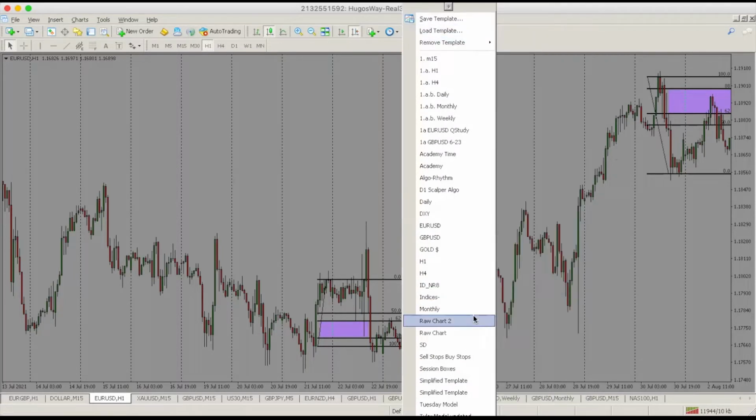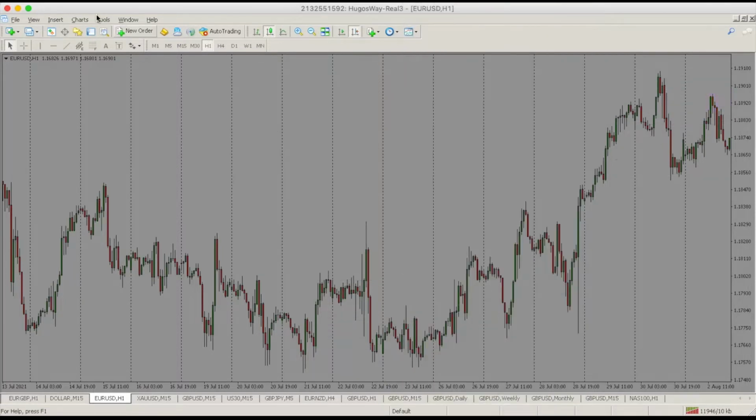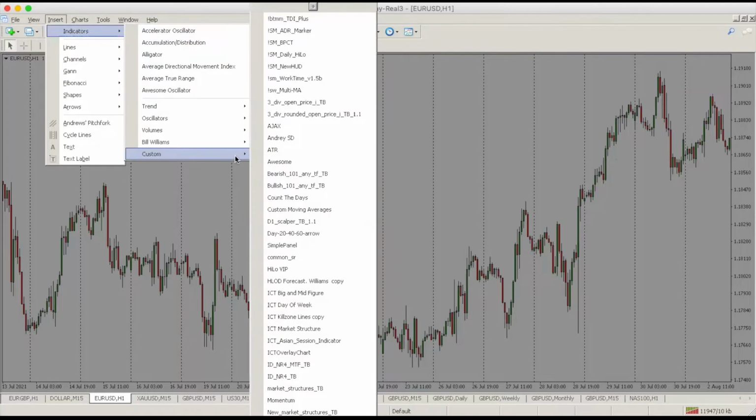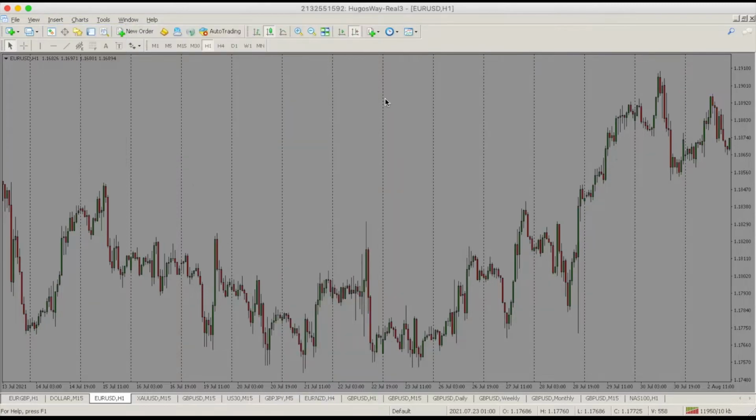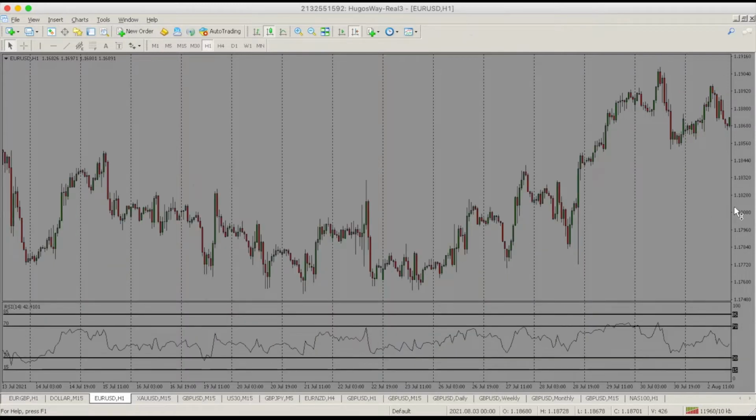Go ahead and add a new chart. Okay, so I've got my RSI pulled up and my trades.